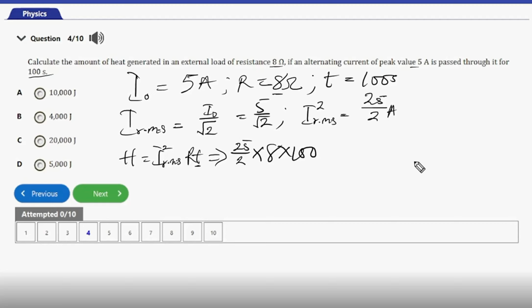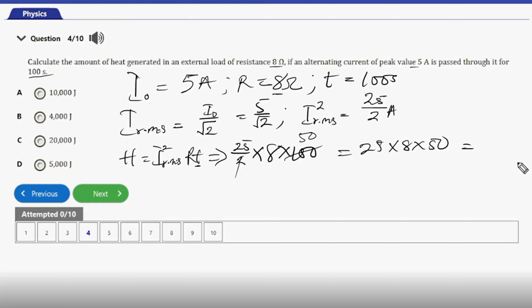When we multiply these out, in order to make this simpler, we can just cancel these out and then cancel this to be 50, and then say 25 times 8 times 50, and then we'll multiply this.